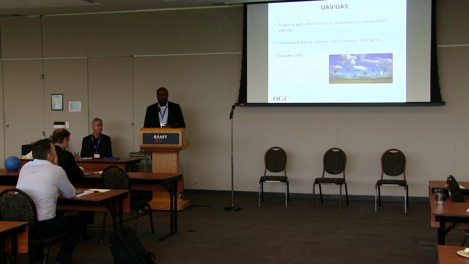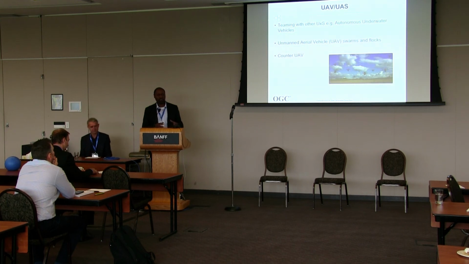Then there's another area, that of unmanned aerial vehicles, as well as unmanned aircraft systems. Unmanned aircraft systems refer to the broader collection of technologies, concepts, and other enablers that make it possible to have UAVs in operation. Now, what we are seeing within the research area is greater emphasis towards teaming of UAVs.